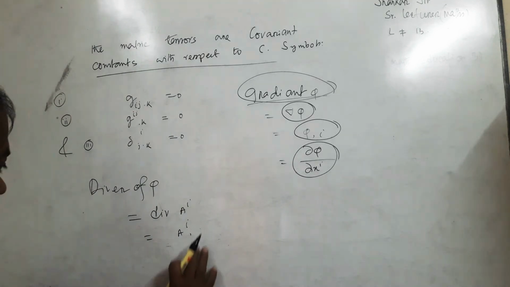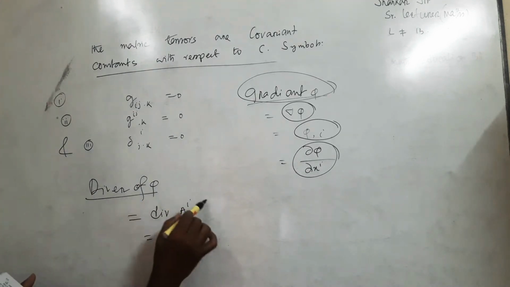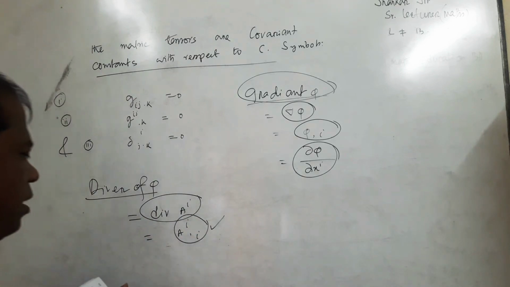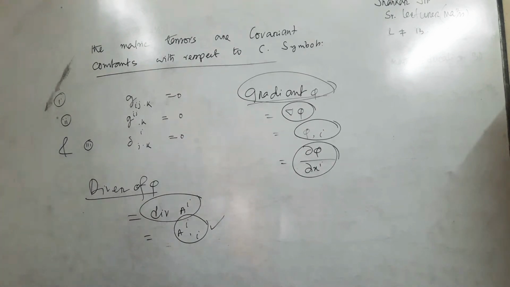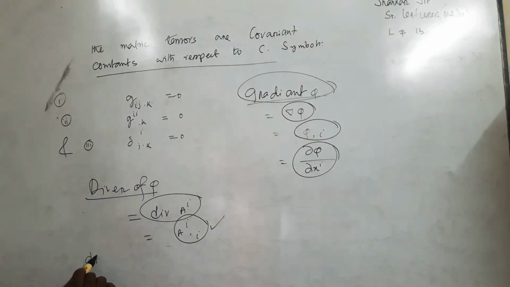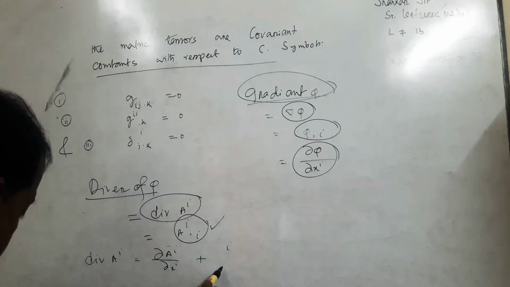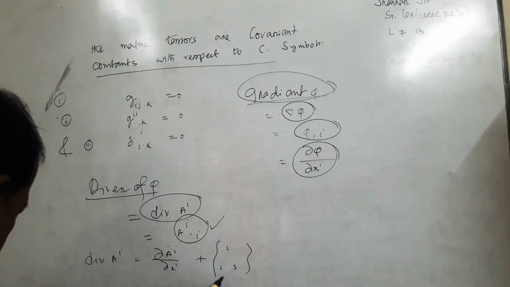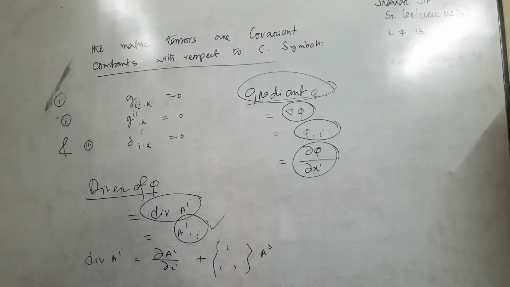It is the divergence of A^i. It is the tensor denoted A^i,j. It is denoted div A^i and equals del A^i divided by del x^i plus Christoffel symbol times A^s. Clear? It is the divergence of A^i.